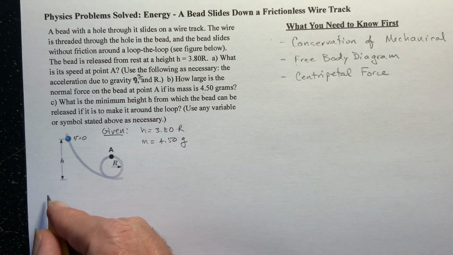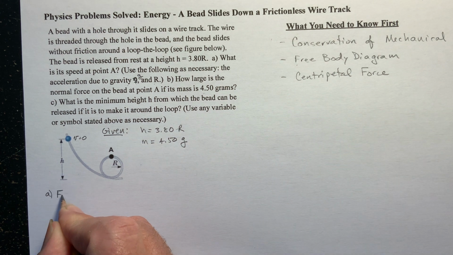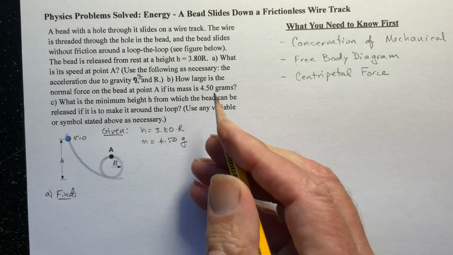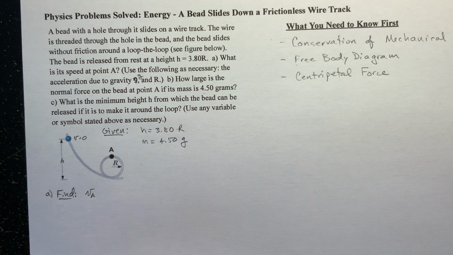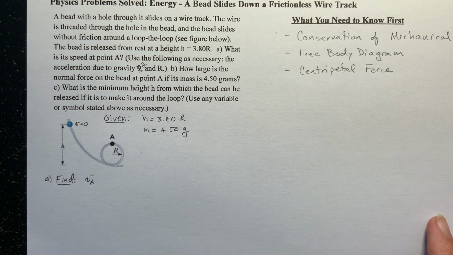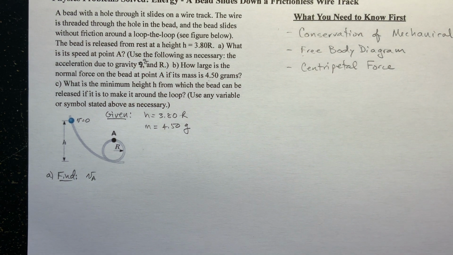So anyway, for part A, what are we trying to find? What is its speed at point A? So we want V at A. Now, one of the things you need to do is classify a problem. Thus far, you've dealt with kinematics, and force in combination with kinematics.